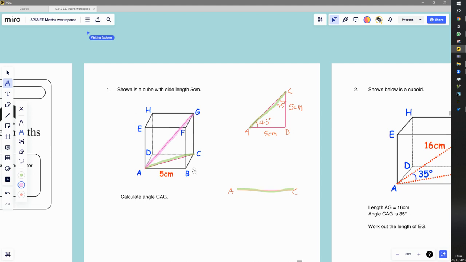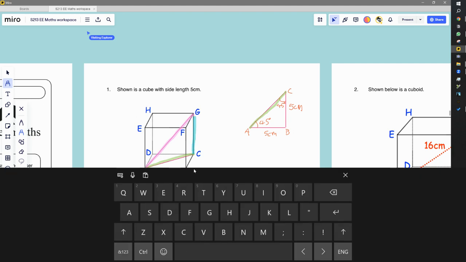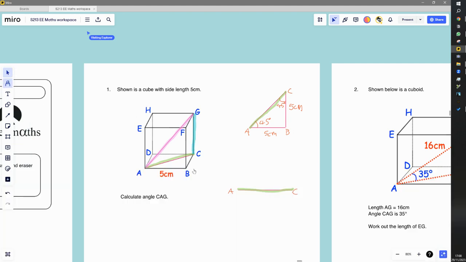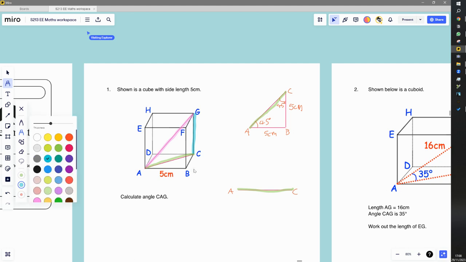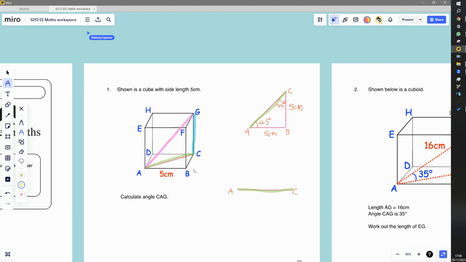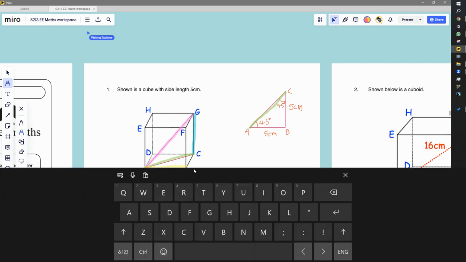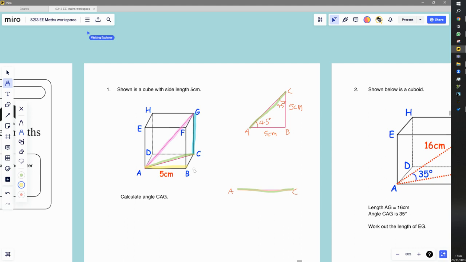So let's highlight all the other lines as well. Okay. So yeah, that one's also one I'm about to draw. We'll need more colours. So we'll go for a yellow. That's A to B. So that's that one there.